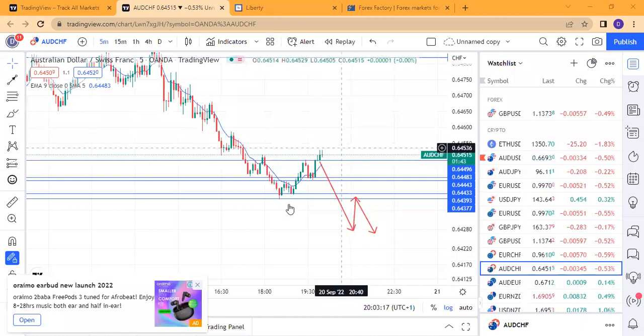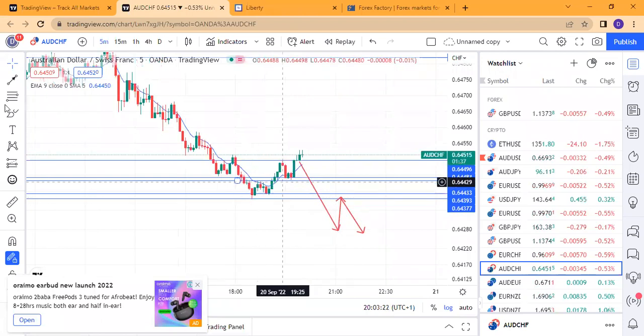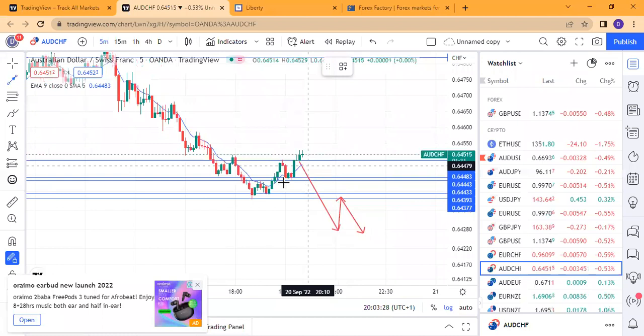Now, let me tell you guys something. When taking this trade, let's say the present candle touches this zone. If the market breaks this floor, when it's coming to a test, let's say now this is 803 and you're on the 5 minutes time frame.